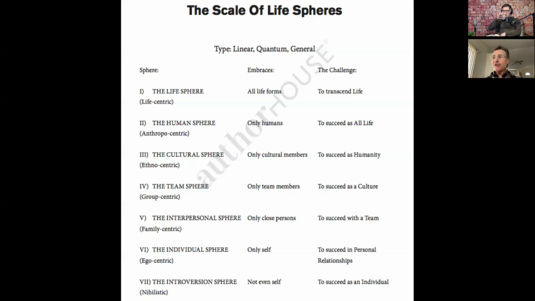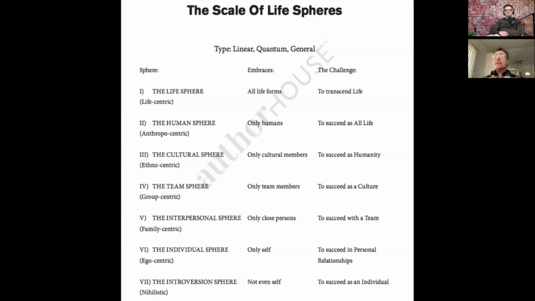He's embracing himself, his kitchen, his car, his choice of TV show. You see, it doesn't include anybody else. So his aspiration or challenge, if he doesn't even aspire to it, but the challenge to him would be to succeed in a personal relationship. In other words, that would be a challenge for this guy, to get this guy to embrace something other than himself. So that's why it's called the challenge.